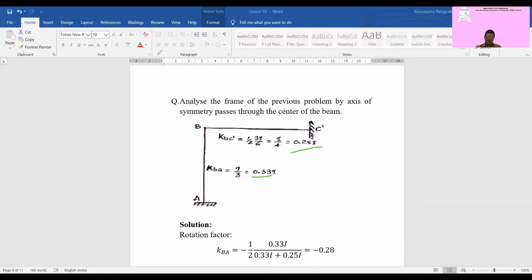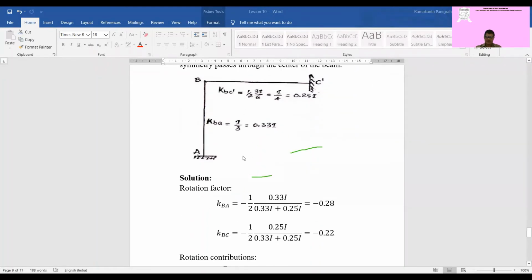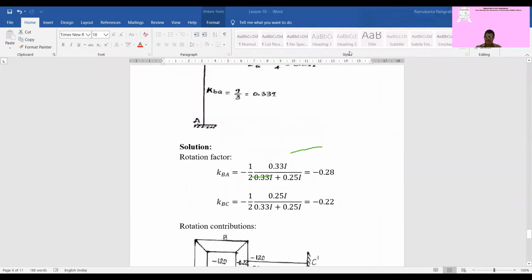So it becomes 0.25, 0.25, and 0.2, minus 0.2 into minus 0.2. So it becomes simple. Many calculations are involved in the cycles for B, C, and there will be 4 members because you have BA, then BC, then CB, then CD. Now it will come down to only 2.